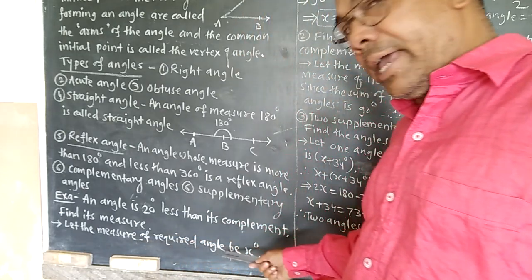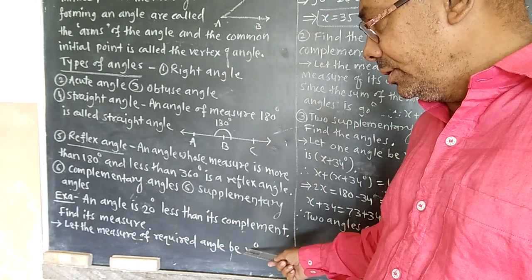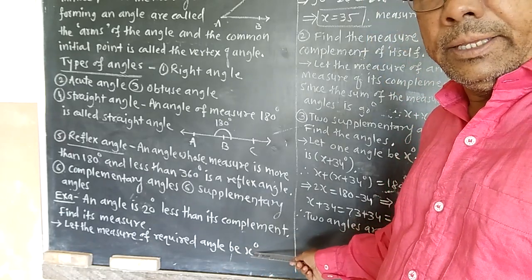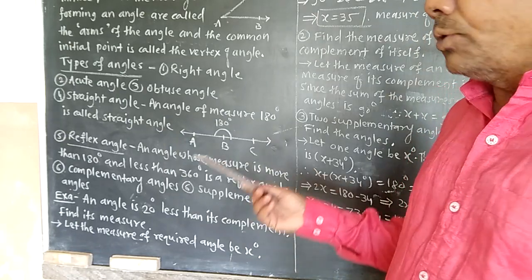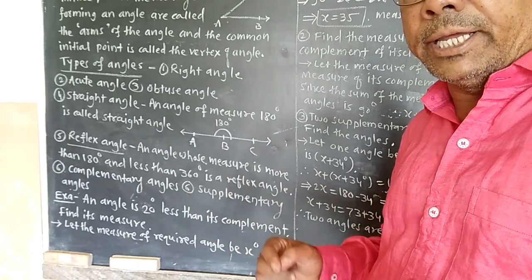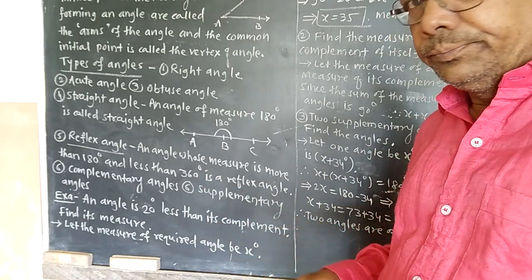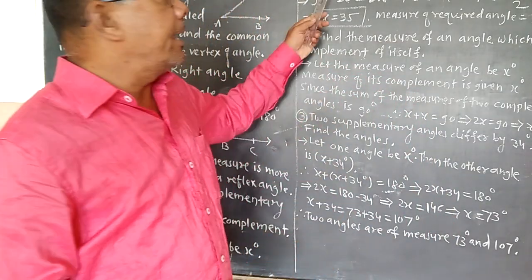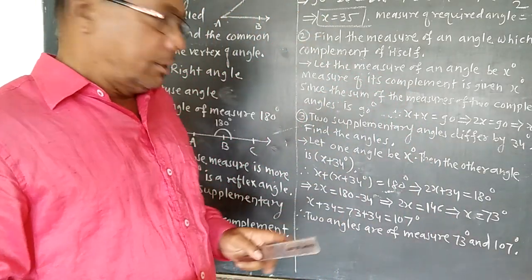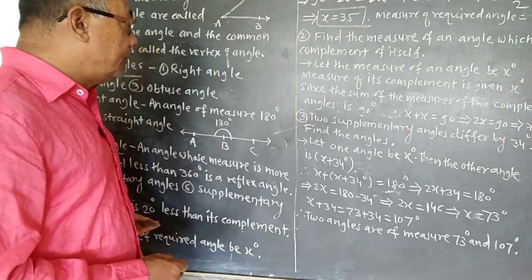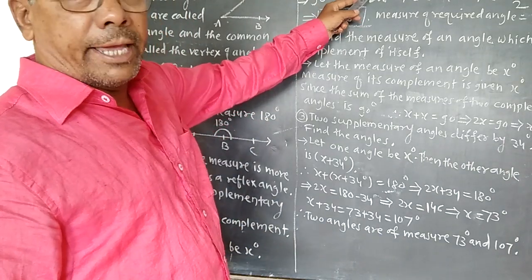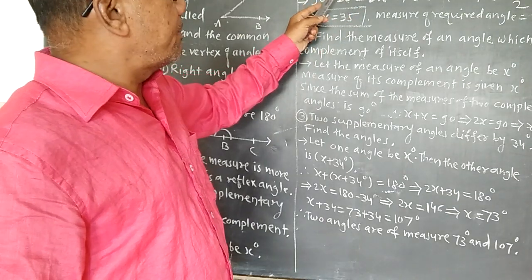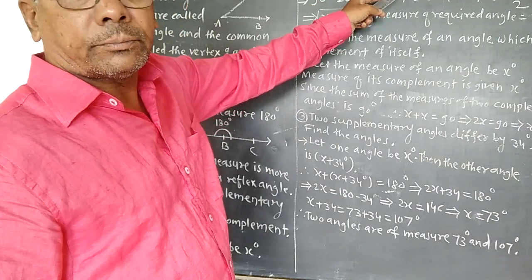Let the measure of the required angle be x degrees, and we know that its complement is 90 minus x. It is given that the difference of these two angles, our angle x and 90 minus x, is 20 degrees.